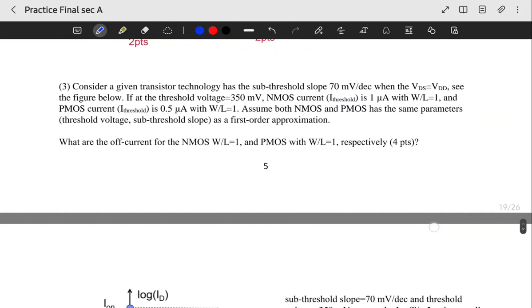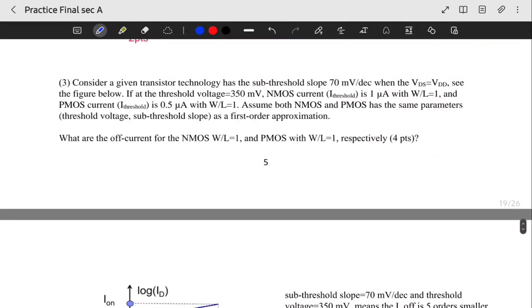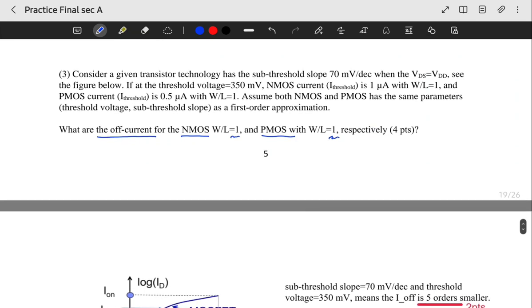And the third question, they're asking about what are the off currents for the NMOS and PMOS, and here the ratio W over L is 1 and 1, and the subthreshold slope is 70 millivolt per decade, and we know that the threshold voltage is 350 millivolt, and we also know the subthreshold current here.